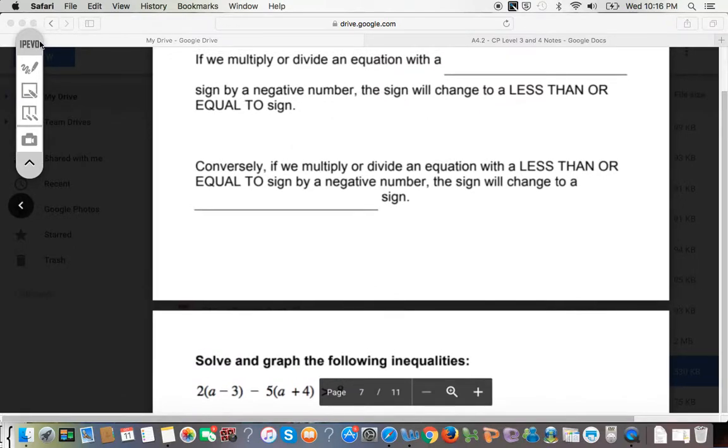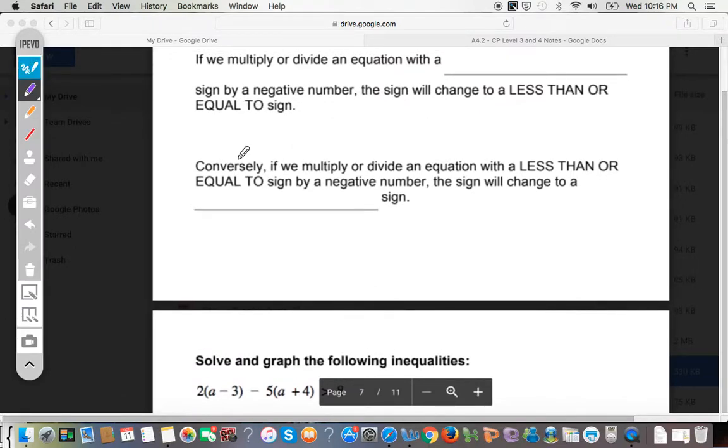So, if we multiply or divide an equation with a greater than or equal to sign by a negative number, the sign will change to a less than or equal to sign.